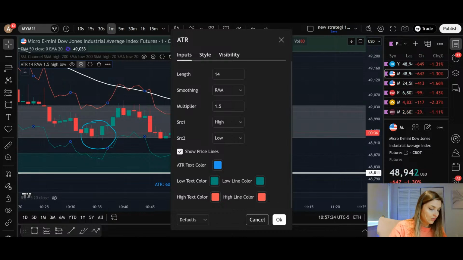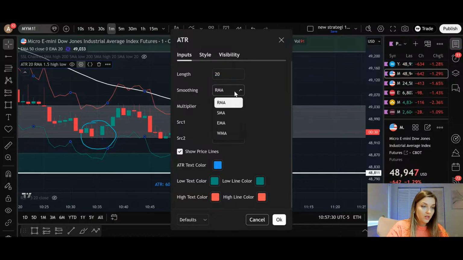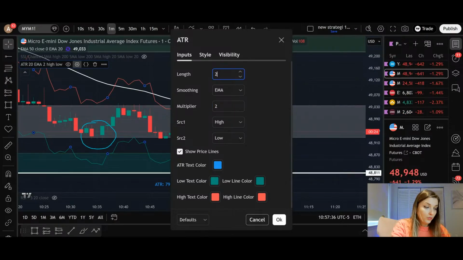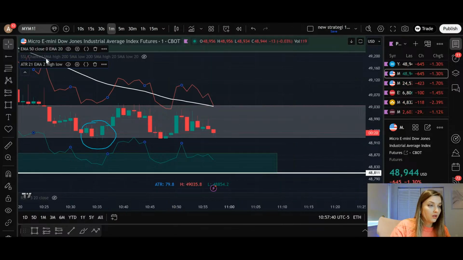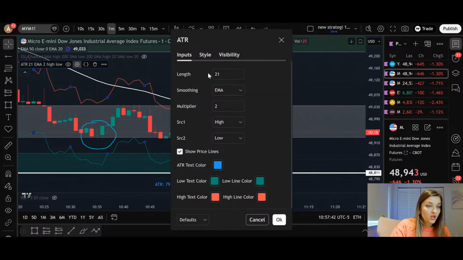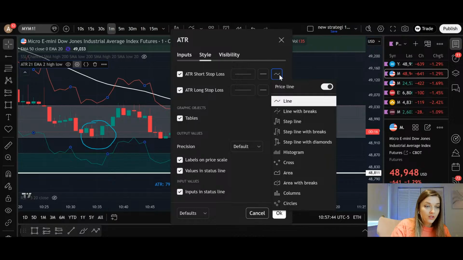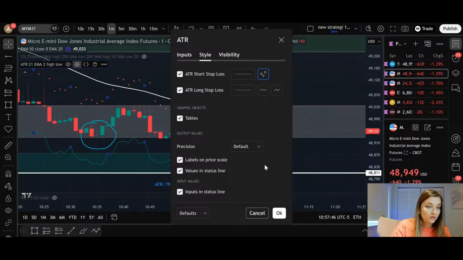Let me see, because I know 20, change this to the EMA and multiplier by 2. Or you can put length 20 or 21 EMA multiplied by 2. Here we go. You can change the settings to circles instead of lines, it's easier to see.